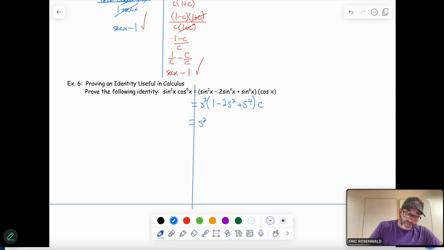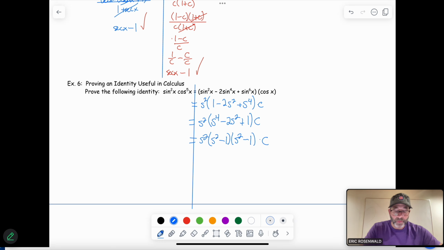If I rearrange this trinomial, that's going to say s to the 4th minus 2s squared plus 1, times c. That s to the 4th minus 2s squared plus 1, I can actually factor. That would be s squared minus 1 times s squared minus 1, times c.